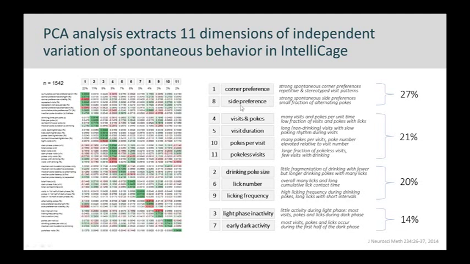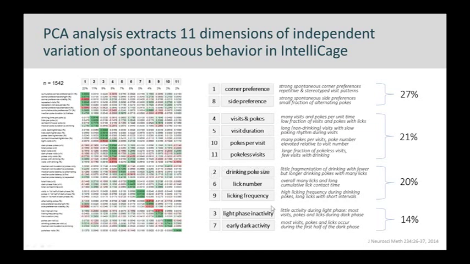So we have two components that are related to spontaneous preferences that the animals develop for corners and sides. Inside corners, we have 4 components that describe visits and pokes and various characteristics of them.